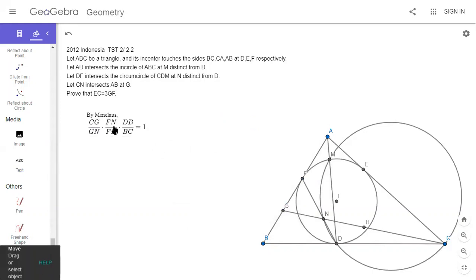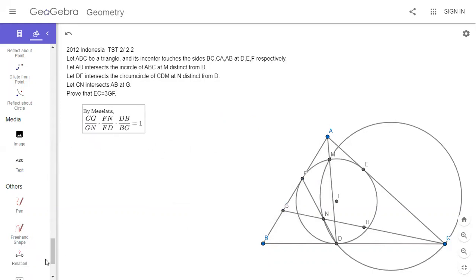All right, and then MFD is similar, or I'm sorry, MCD is similar to MNF. That's an angle chase.